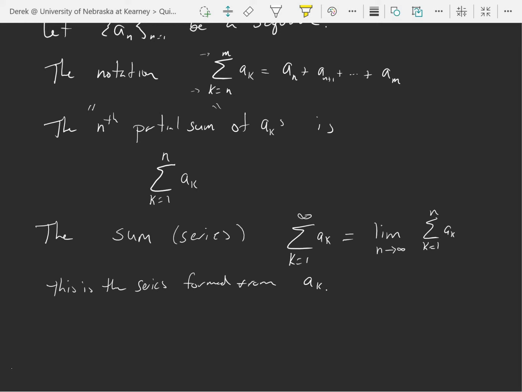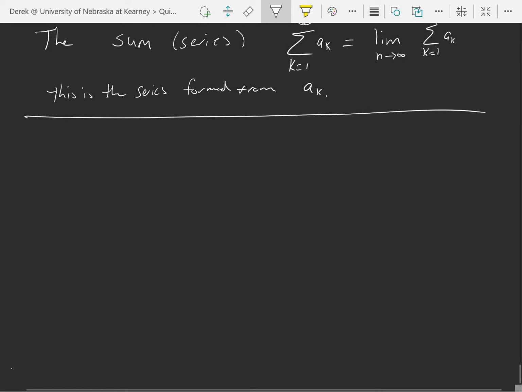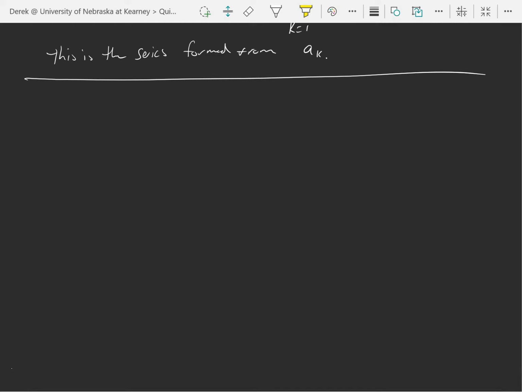Like rectangles and squares. A square is a rectangle, but not all rectangles are squares. A series is a sequence, but not all sequences are series. It's another one of those type of definitions. Okay, so let's prove some things about series. So, first theorem.